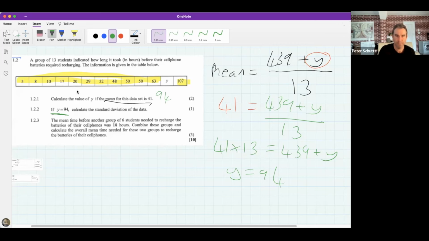So that's good. I want you now to calculate the standard deviation of the data set. You're obviously going to have to use your calculators for that. Okay, so remember with the data set, you have to include 94 here, which is the value y.